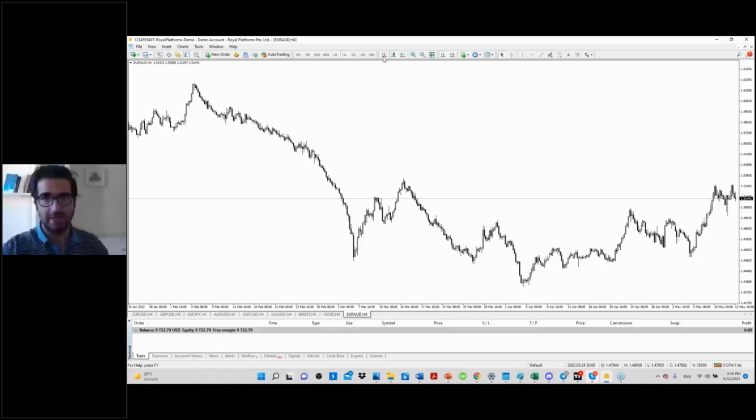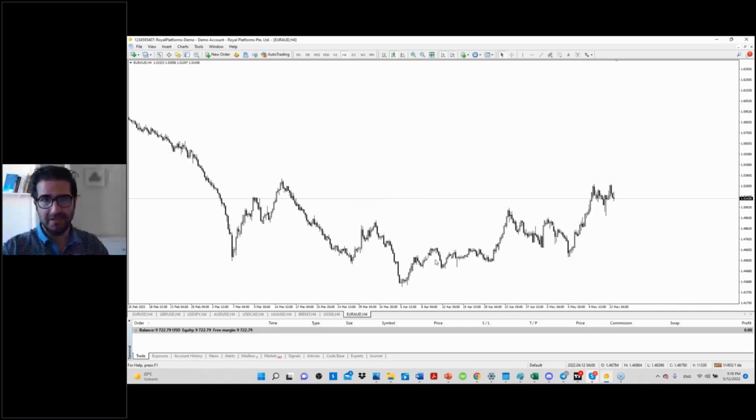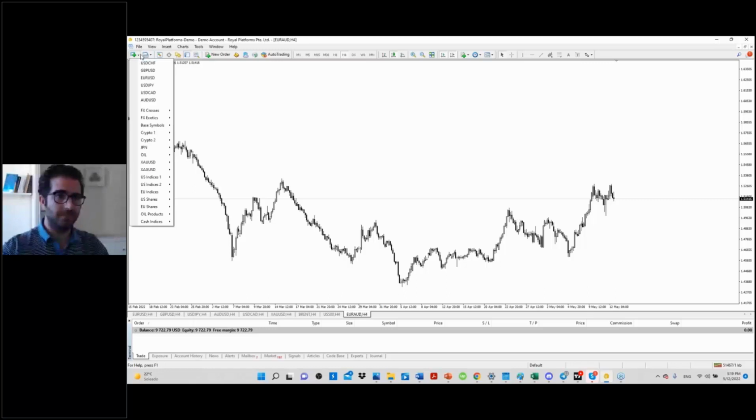Okay, guys? So let's say now the Euro USD, sorry, this is Euro AUD, is starting to go up, and you would like to take a trade. Before this, I will show you where to pick a Forex pair. When you open your MT4 using the OneRoyal platform, you will go here. You can see all the available currencies, even crypto, commodities, and US indices.